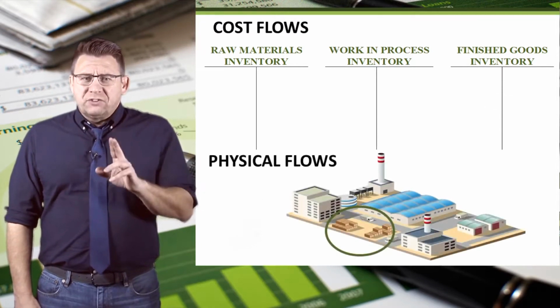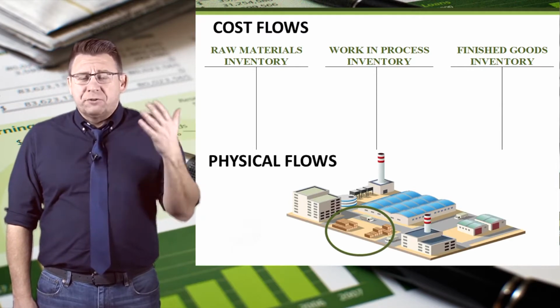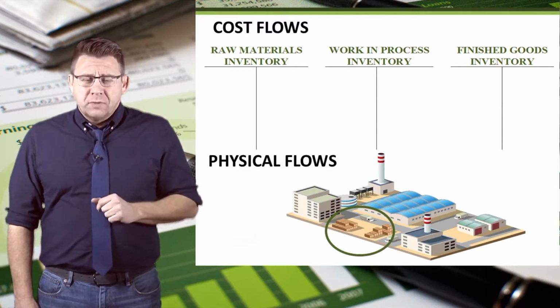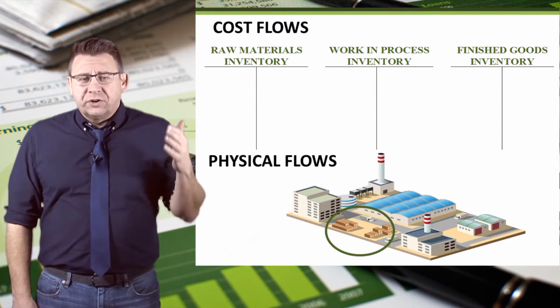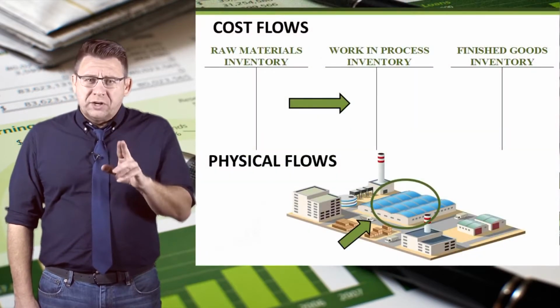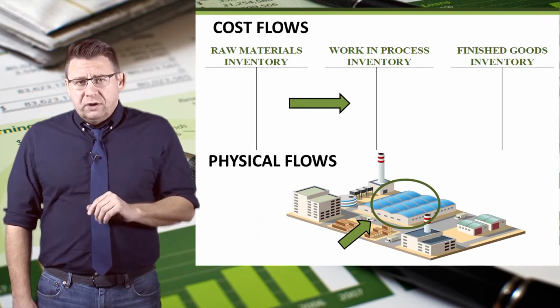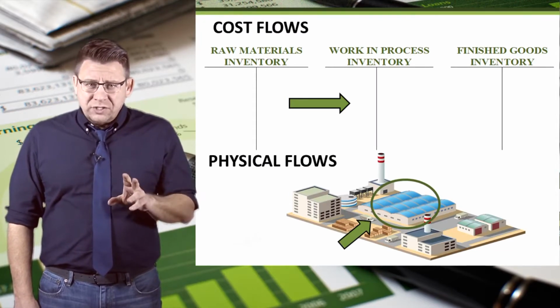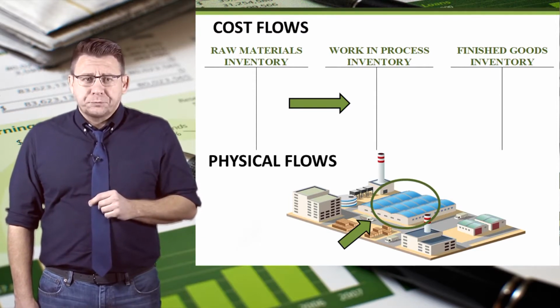When I think of these three inventory accounts, I tend to visualize them as three different rooms or buildings. The raw material account is basically a raw material warehouse. When costs move from raw materials to WIP, materials physically move from the raw materials warehouse to the production floor, often a separate building.